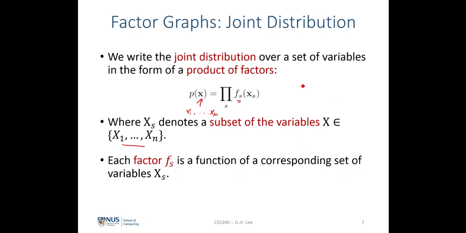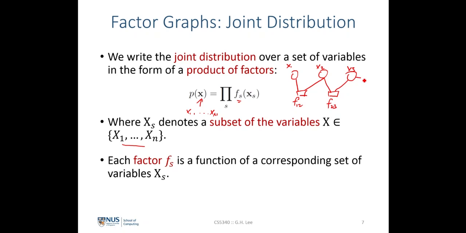An example would be a 3-node factor graph, where the nodes represent x1, x2, and x3. Then there's a factor between x1 and x2, which we call f12, and there's another factor between x2 and x3, which we call f23.